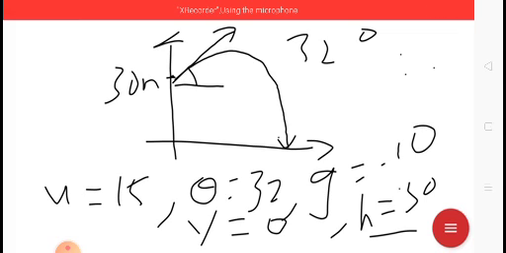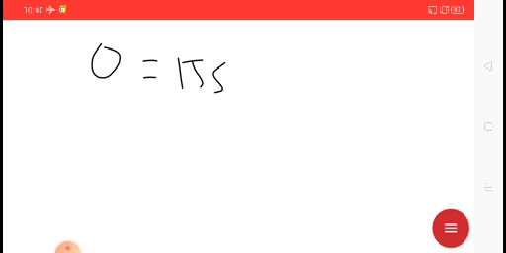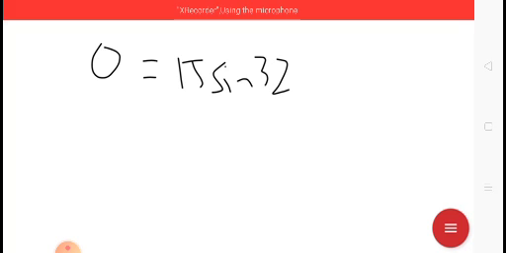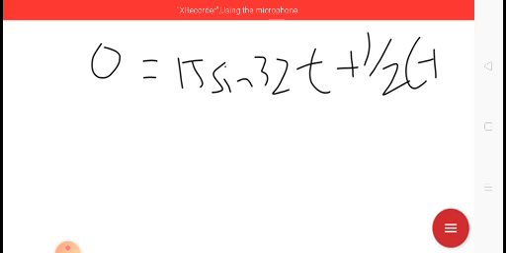Now we will put this into the vertical distance equation in order to calculate the time. So y equals ut, u meaning 15 sine 32 t, plus half, g here is 10, negative, t squared.